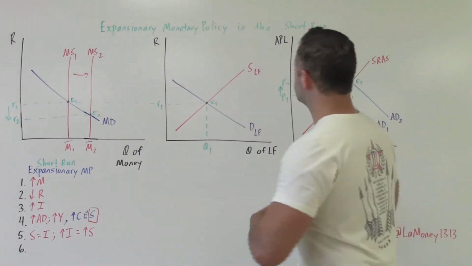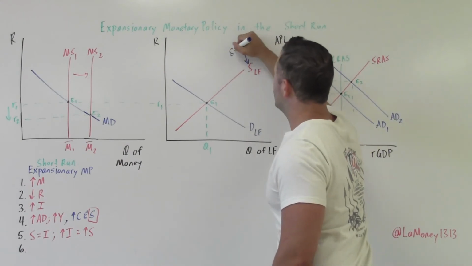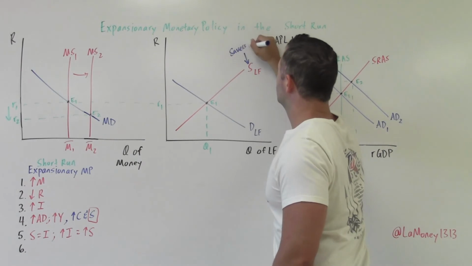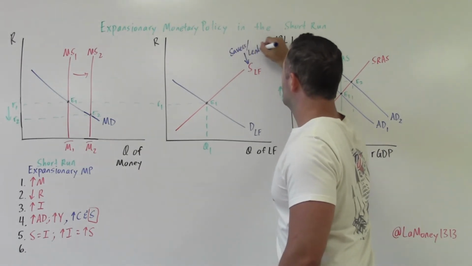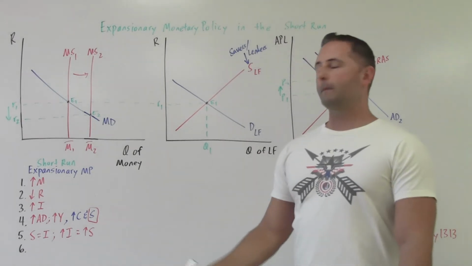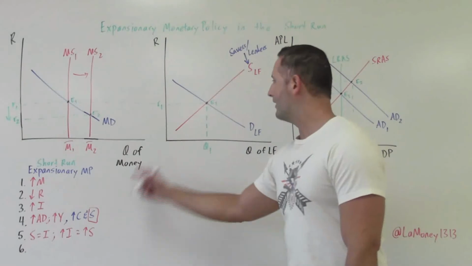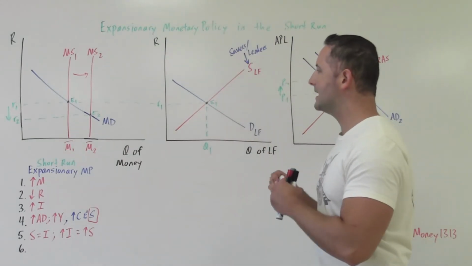We remember that the supply of loanable funds curve is represented by savers and lenders. So what's going to happen here is that because our income has increased, S equals I, we have that the supply of loanable funds has increased.